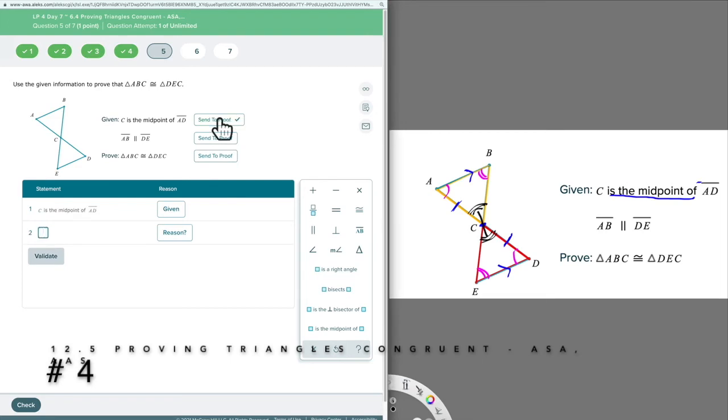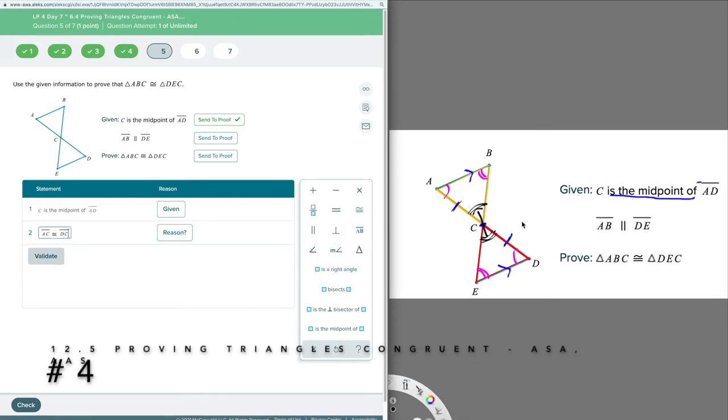I'm going to do this in pieces. Because I'm doing the midpoint, I'm going to say what that means. If that's the midpoint, that means that AC, and I need to make sure I put my segment line over the top or it'll mark me wrong, is congruent to DC.